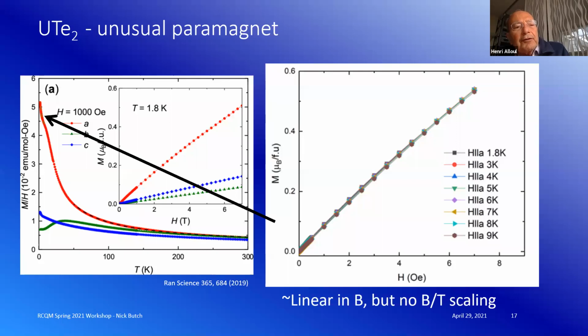The other question which could be connected to that is what happens to the Knight shift in NMR. You mentioned that there was no, or at least only a very weak change of spin shift below Tc. For this direction, they're not capable. I'm not sure if I'm out of date now, but it was difficult to measure the NMR signal along the A direction.